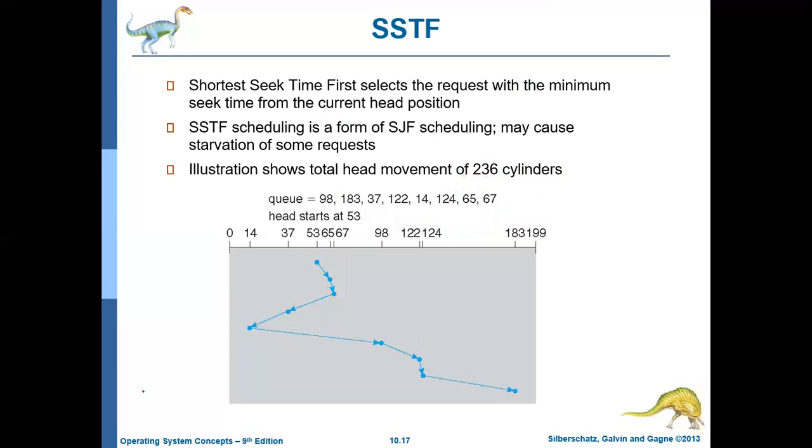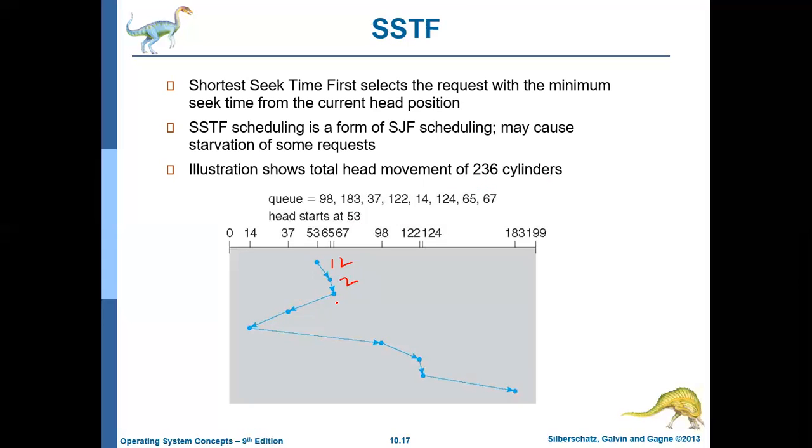Initially the head is at 53. So we are moving from 53 to 65, which is 12. Then 65 to 67 is 2.